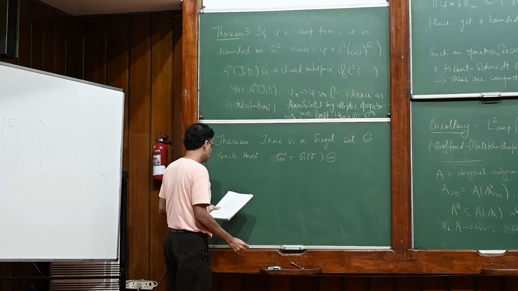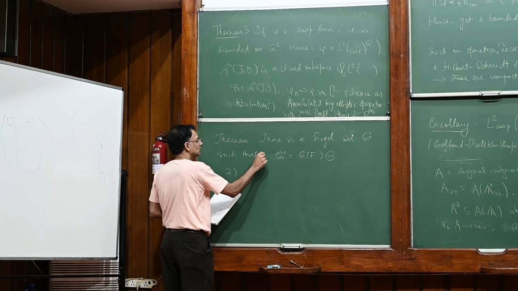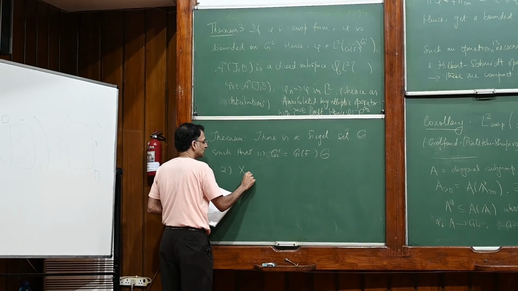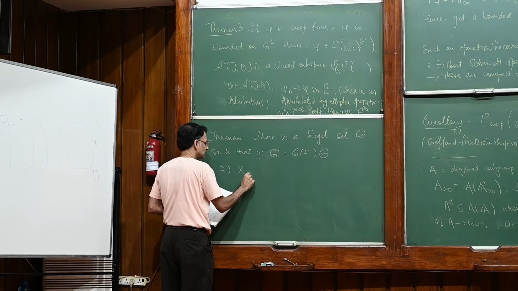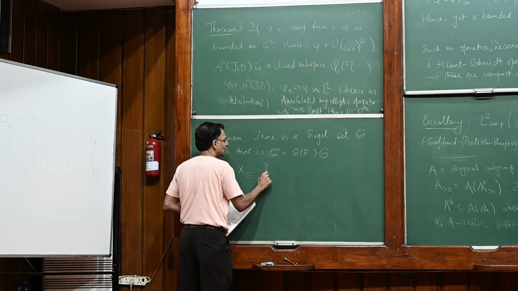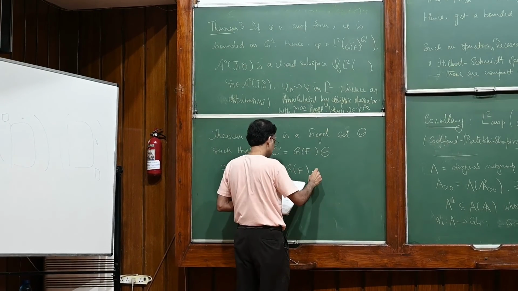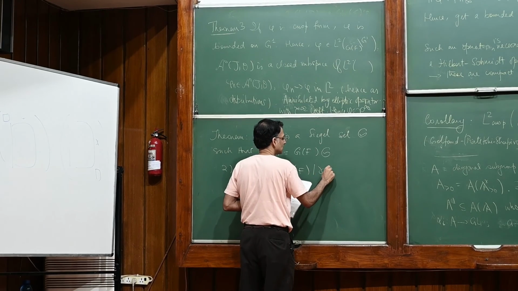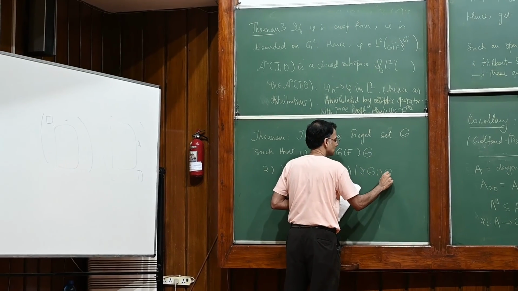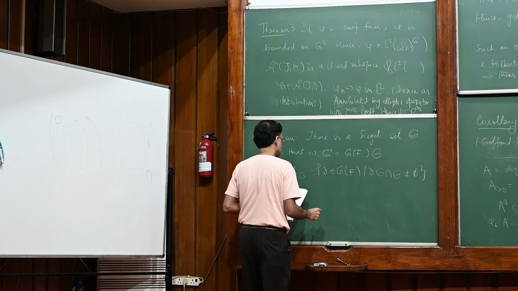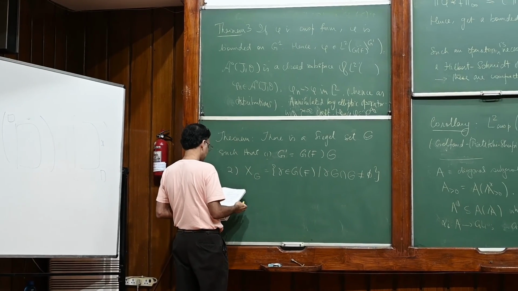And on the other hand, also two, if you look at this set, the set of gamma in GF such that two different translates intersect, this set is finite, right?